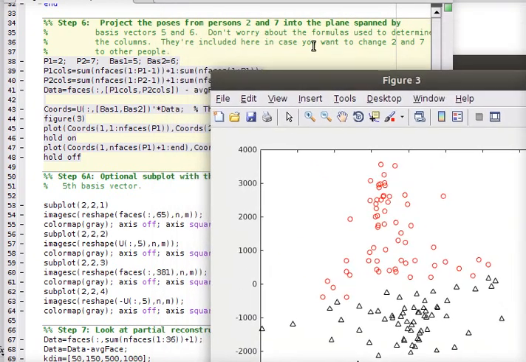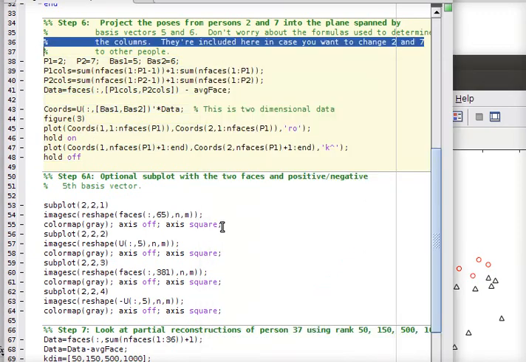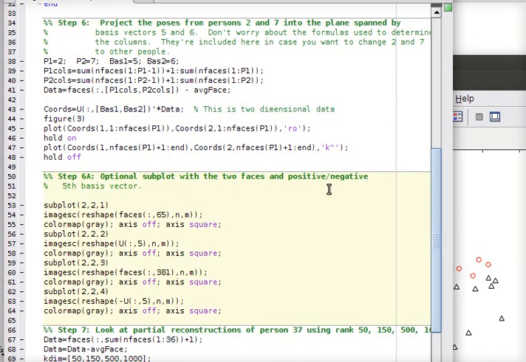So let's go into the code and see if we can figure out why there's a line there between positive basis 6 and negative basis 6. This is going to be the optional subplot here. This is the faces data. 65 is the original number 7, and so this should have been 6 instead of 5.